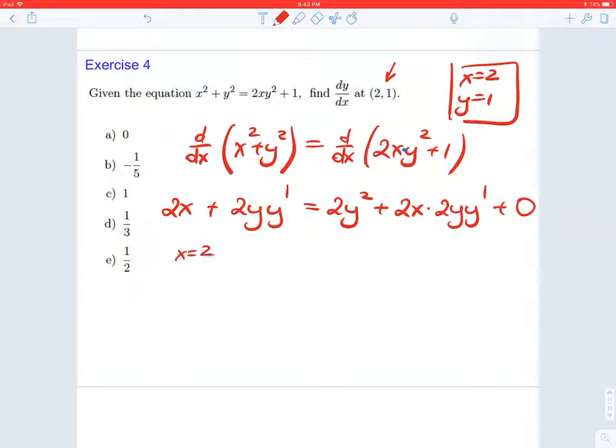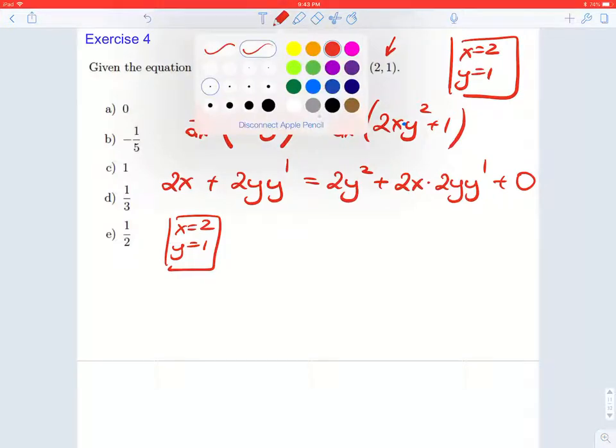Okay, and now, since I don't have to get a nice formula, as mentioned before, I'm using my point. X is 2, y is 1. I'm taking advantage and substituting them right away.